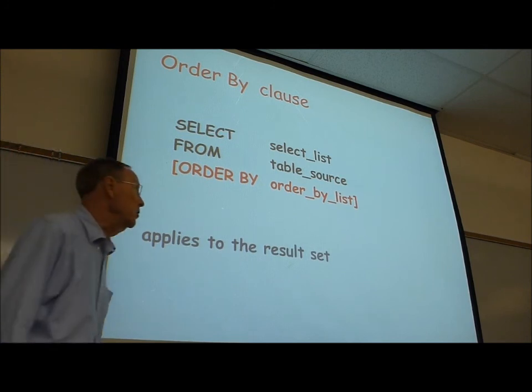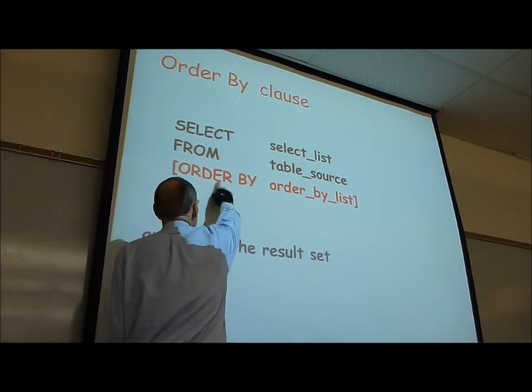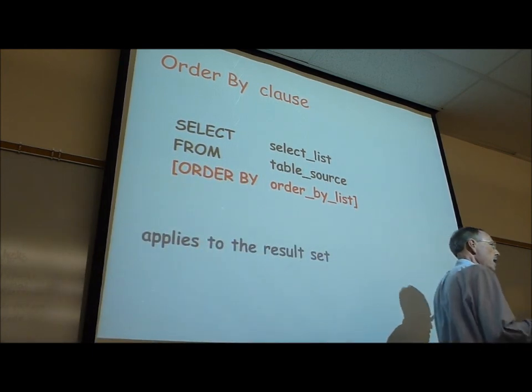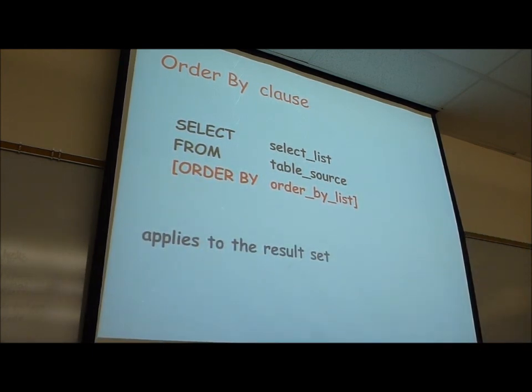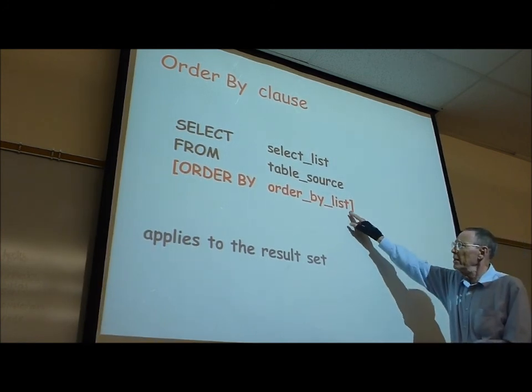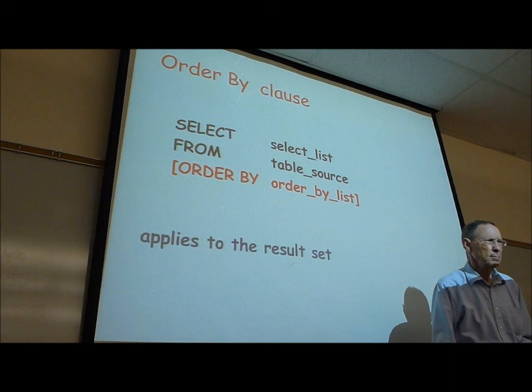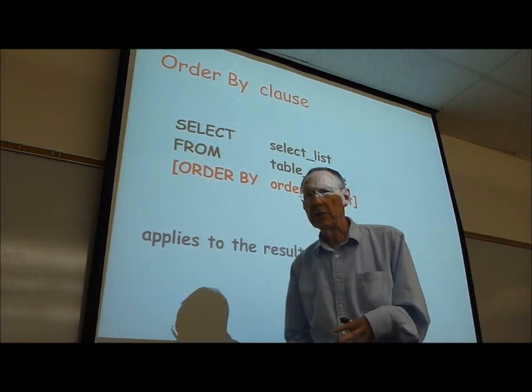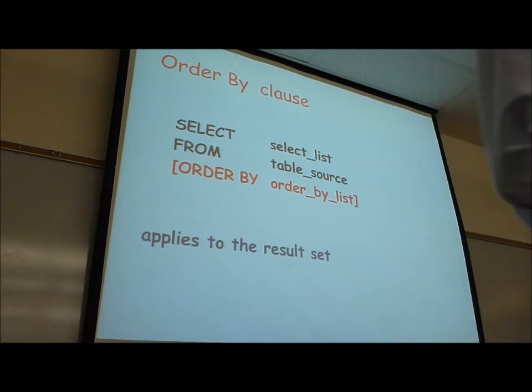The way we do the sort is now we're going to use this ORDER BY clause. Okay? And I've got it highlighted as red and got brackets around it, and this right here is optional. It also doesn't apply, I don't really sort the table. I resort what's referred to as a result set.